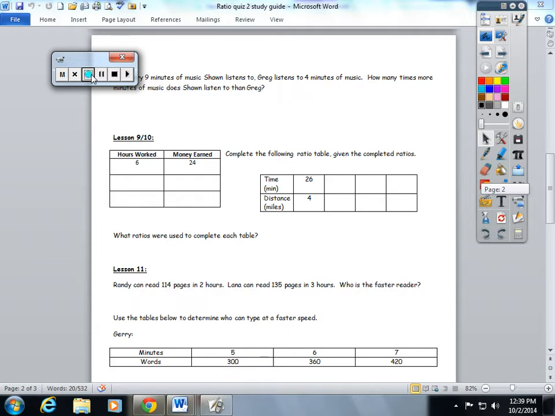Okay, so it says complete the following ratio table given the complete ratios. The hours worked is 6, and the money earned is $24. So then the hours worked will be upscaled by 2, and it will be 12.